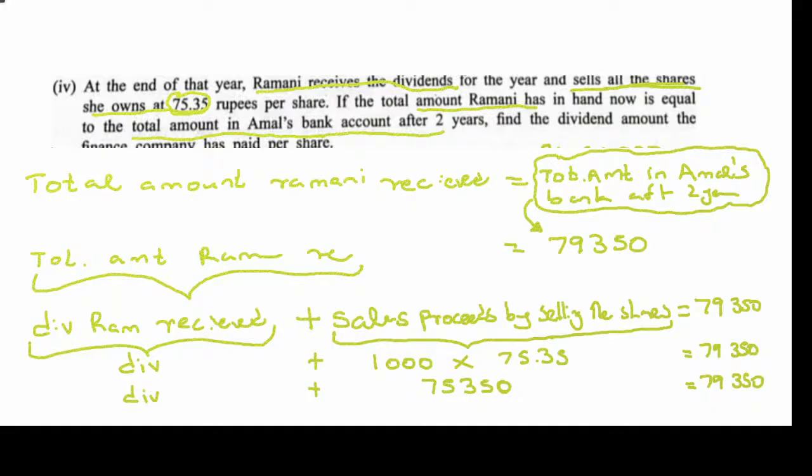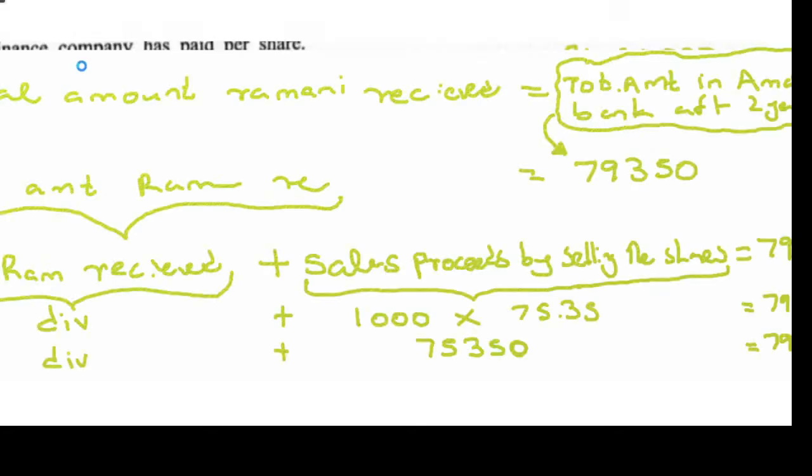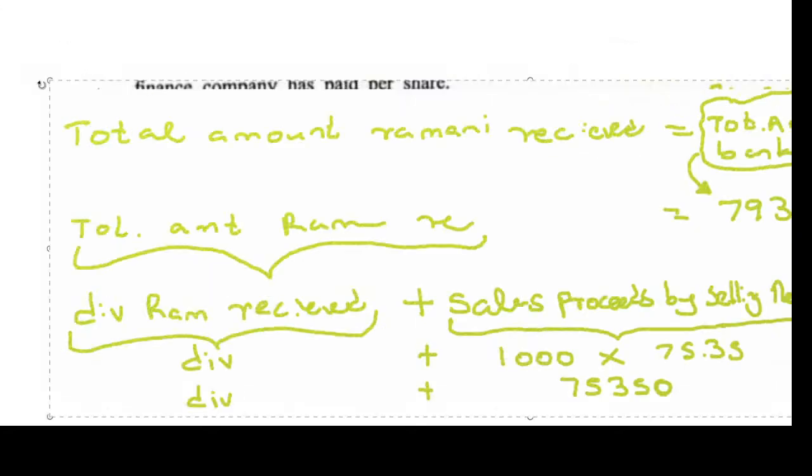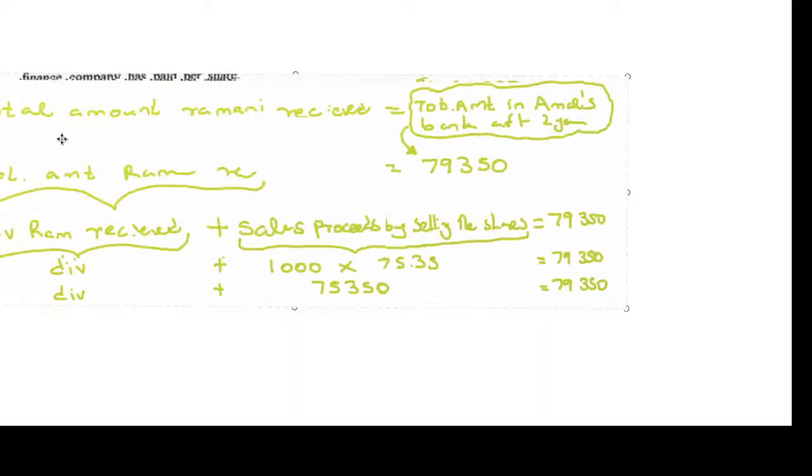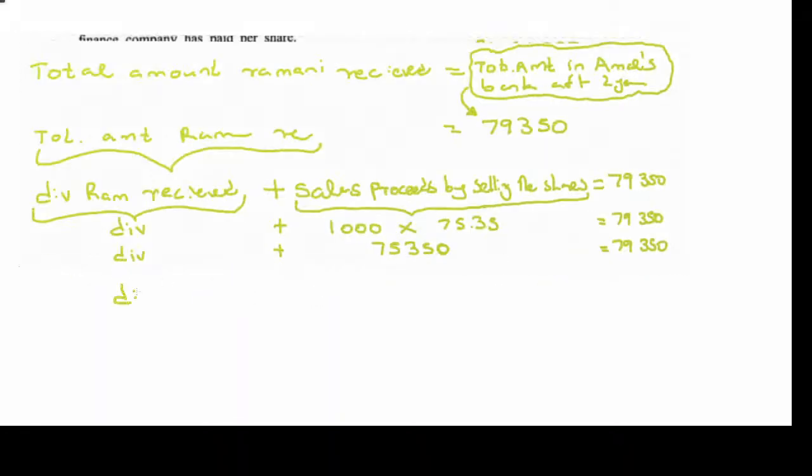So now how do we find out how much dividend she received from the finance company? Just a matter of solving the equation here. So the dividends she received is equal to 79,350. This plus 75,350 we put to the other side.